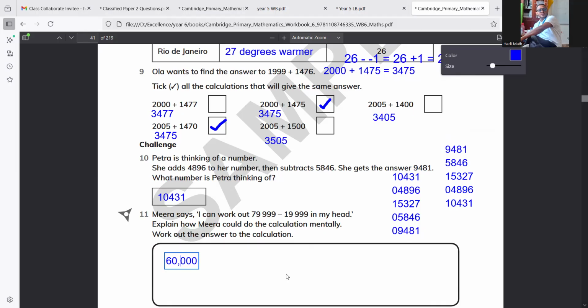Otherwise, what I do to make things easy for myself, we say 60,000. The other thing that I do for myself, like the 79,999, you can make it 80,000.